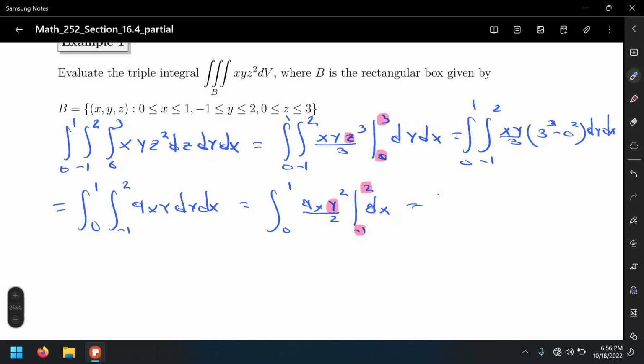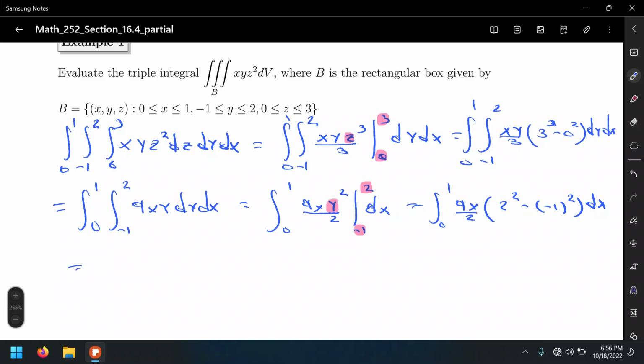So that's the integral from 0 to 1 of 9x over 2 times 2 squared minus negative 1 squared dx. That's 2 squared, which is 4, minus negative 1 squared, which is plus 1. So is that a 3?